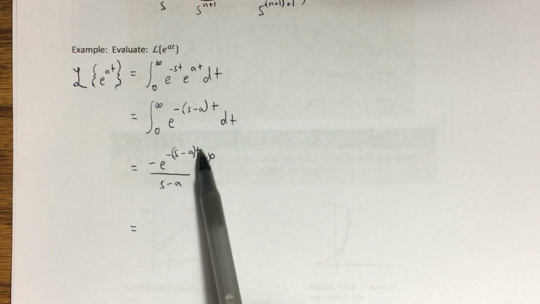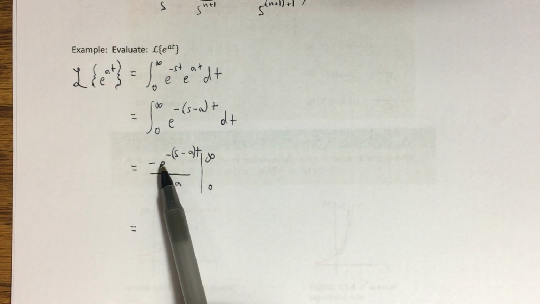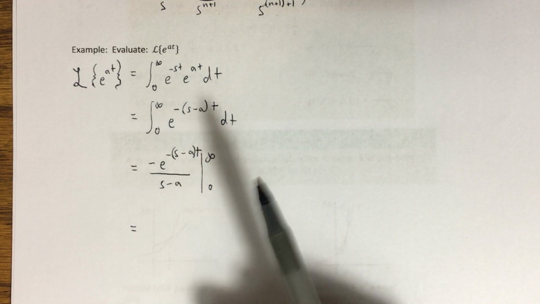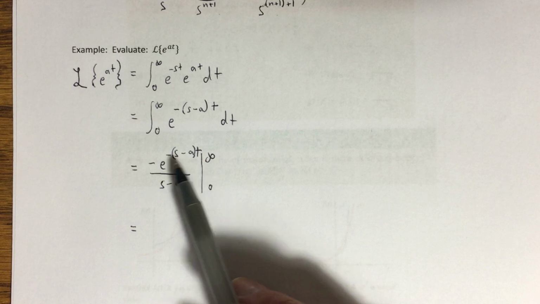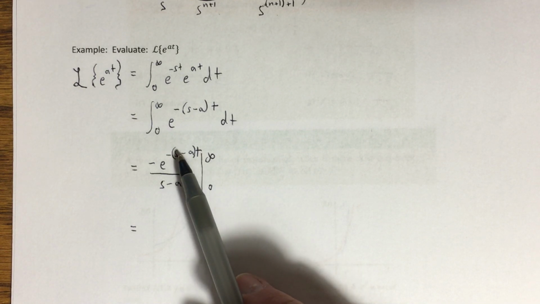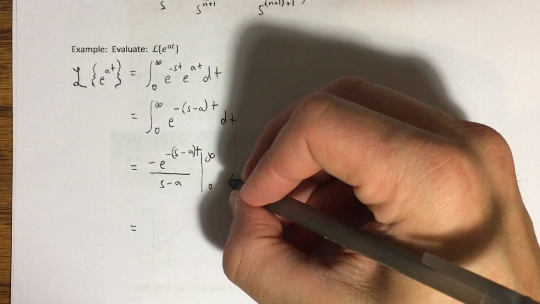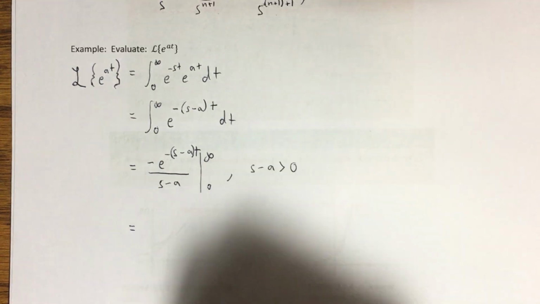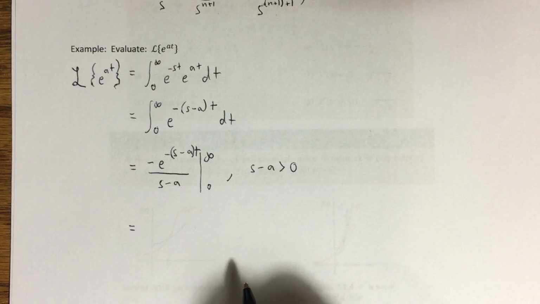If this exponent is not negative, then the limit is going to send this thing off to infinity, and we're not going to have a finite Laplace transform, or a defined Laplace transform. So what does it take for this coefficient on that t to be negative? Well, s minus a would have to be positive because there's a minus out in front. So this will be defined if s minus a is positive, but that's the same thing as saying s is greater than a.